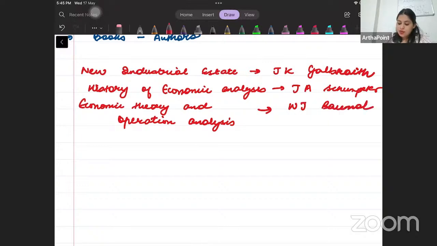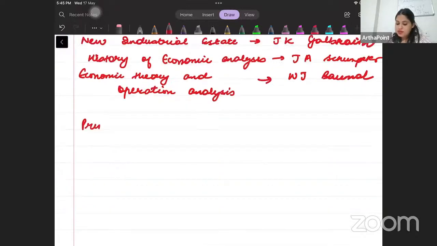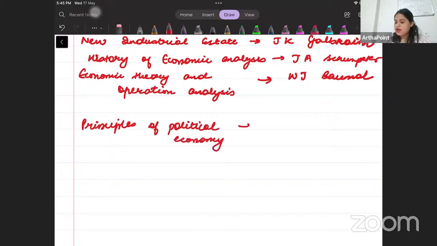Okay, the book Principles of Political Economy, it was given by J.S. Mill. Right, these are the important books beta that you have to remember.